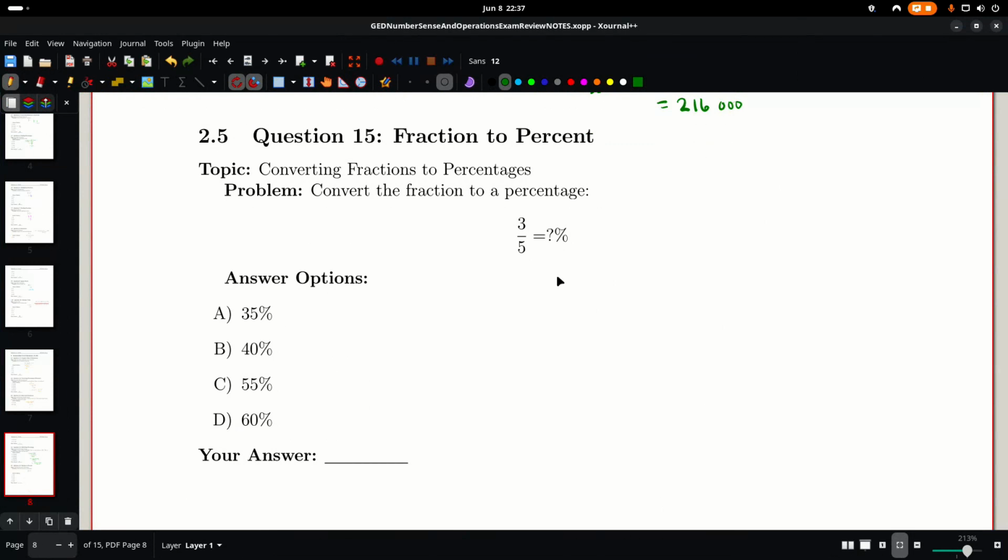Okay, we're back. So here we're going to divide 3 by 5.